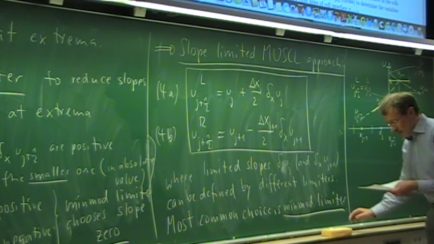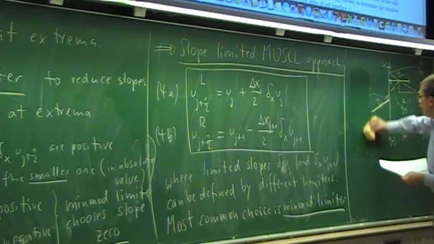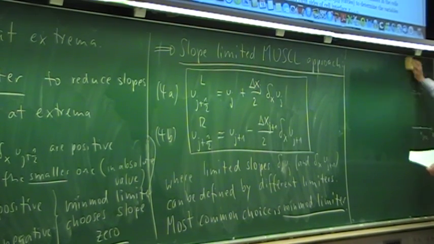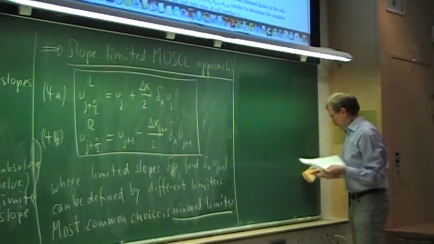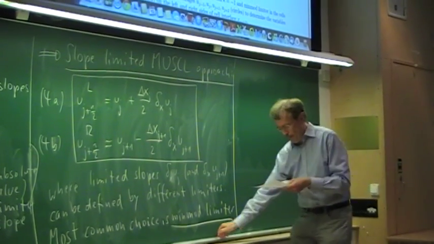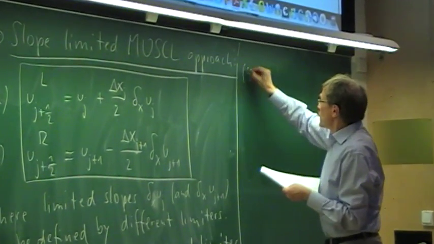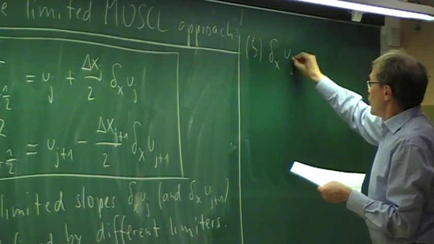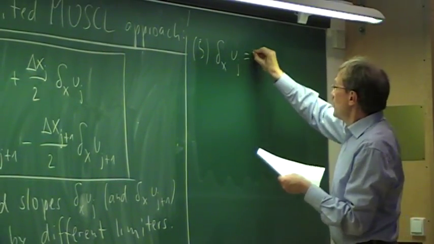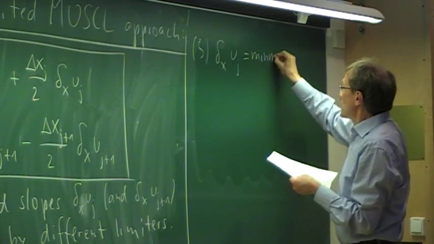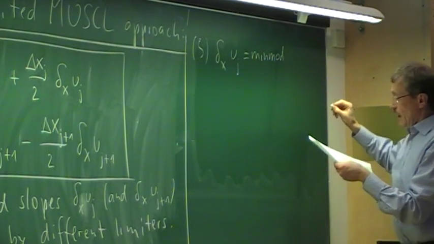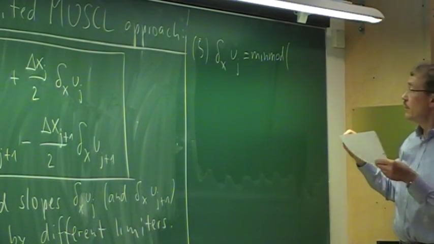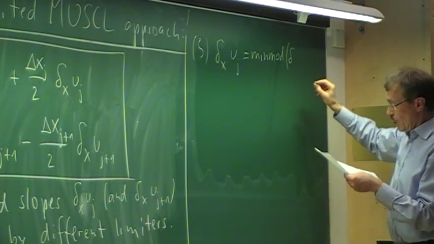And that is defined in the following way. We do it for the cell J. Then we take the Minmod, that is a function, and we compare two slopes.